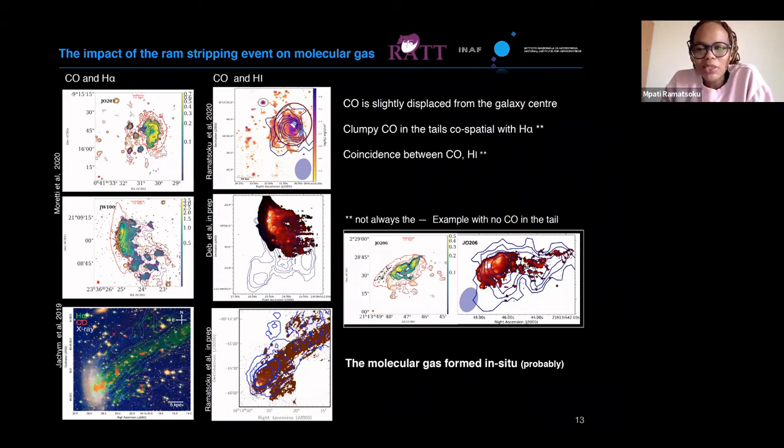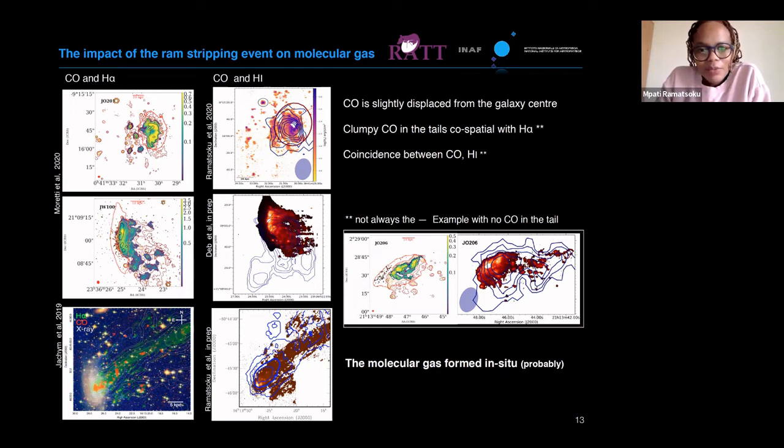Well, there seems to be coincidence between CO and H1, but this is not always the case, because, for example, in this extreme jellyfish galaxy that we have over here, we don't see any CO in the tail, only H1 and H alpha. I think one of the reasons we don't have CO in this tail is because we're using ALMA data, for which we didn't have short spacing. We're still trying to get data for that.